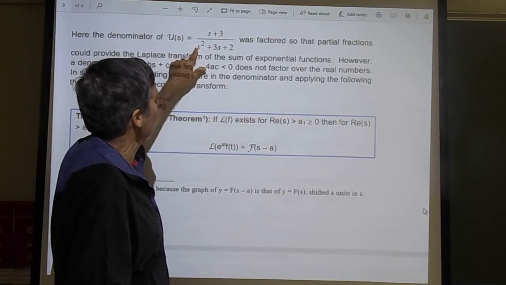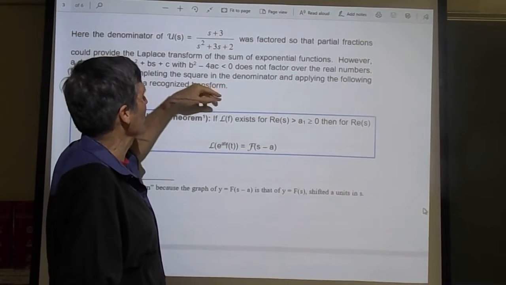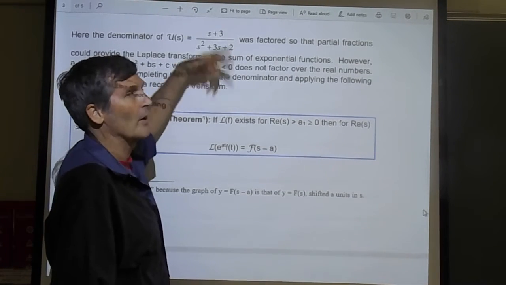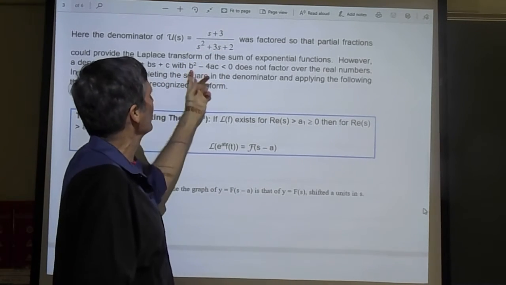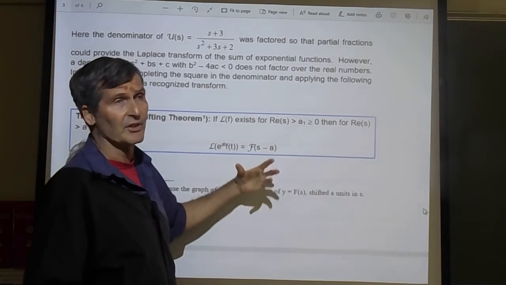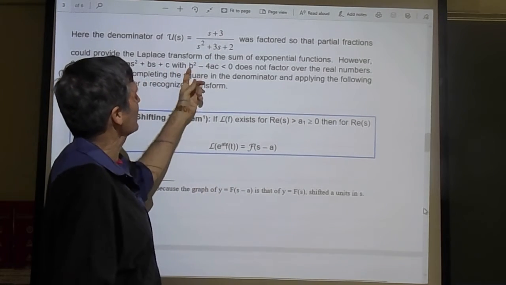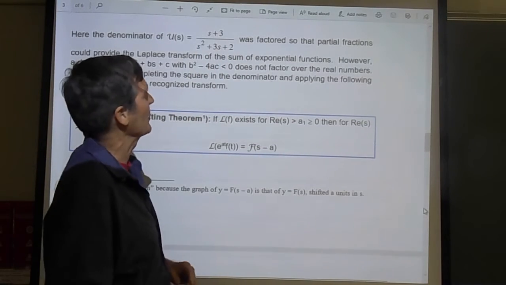If you have as squared plus bs plus c on the bottom, if b squared minus 4ac is at least as big as 0, then the quadratic formula gives you 2 real solutions, right? Possibly equal if b squared minus 4ac is equal to 0. And then you can factor it like we just did, and that'll work. But if b squared minus 4ac is less than 0, then it only factors with complex numbers.